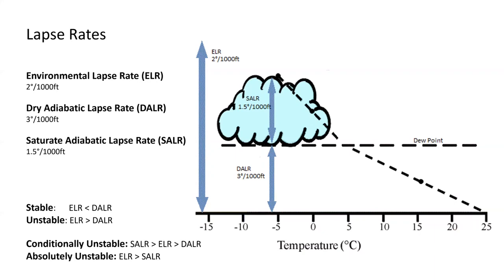Absolutely unstable. Basically, that means Cu-Nims. Your environmental lapse rate, if it's all the way up the column of air, will just be going up to 30,000 feet. It is massively buoyant, and the only thing that will stop it is the tropopause and the inversion that you get at the tropopause, 30,000 feet.